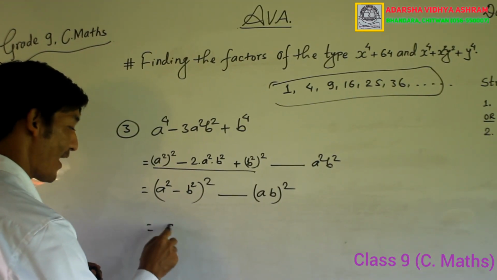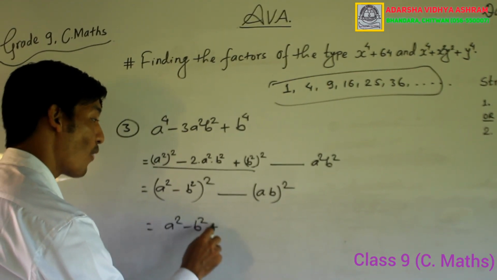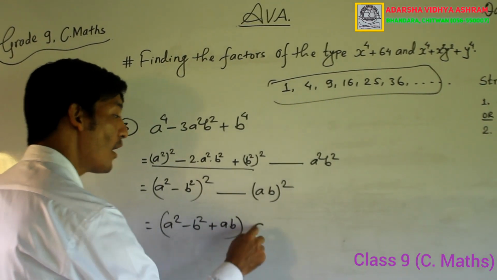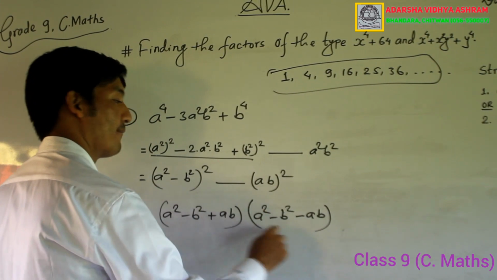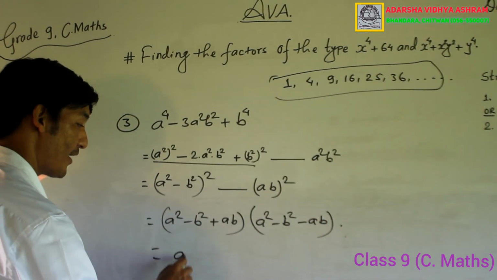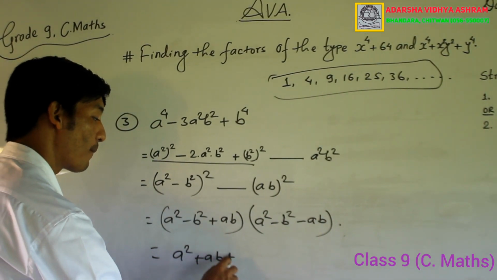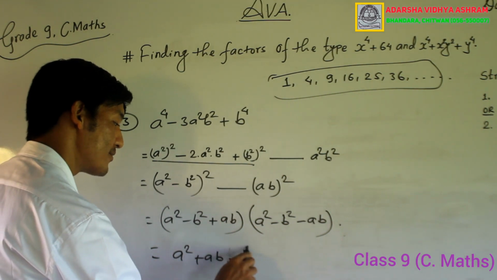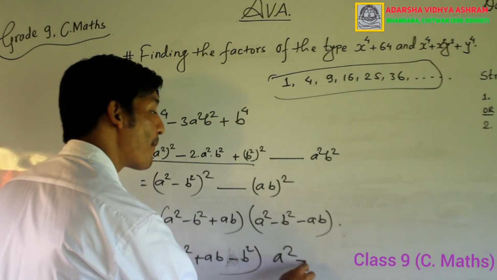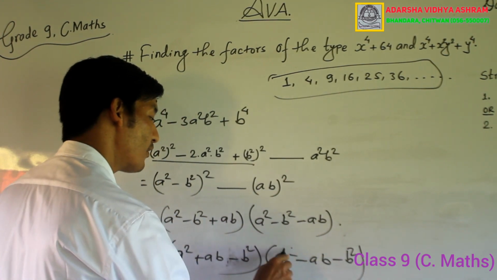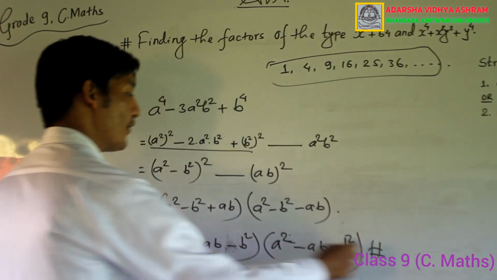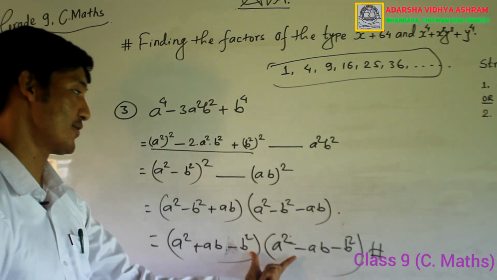And finally we can say a square minus b square one time plus ab, a square minus b square another time minus ab. Okay, and if you arrange them, then a square plus ab minus b square, just copying only, a square minus ab minus b square. This is our final factorized form.